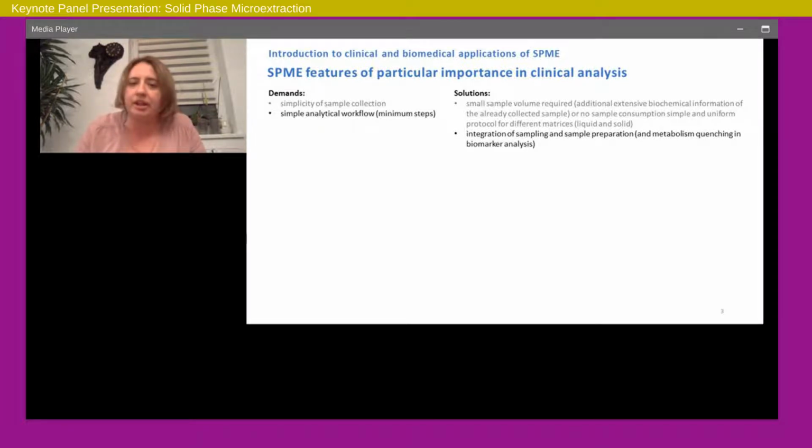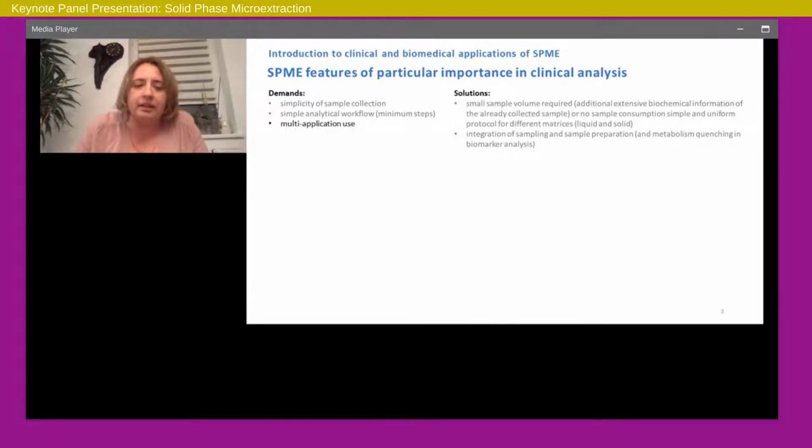There is no magic here, but it integrates sampling and sample preparation in one step. And we also want metabolism quenching, for example if we are looking for biomarkers. We need to quench metabolism immediately once we collect the sample. And here again, if we do in vivo, then we have quenching integrated with the two previous steps.